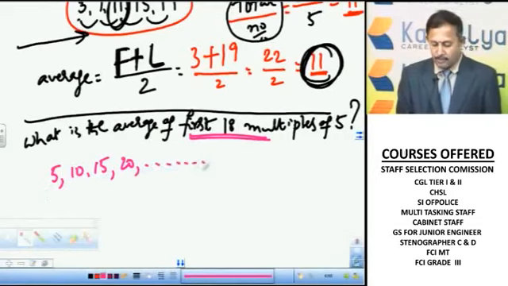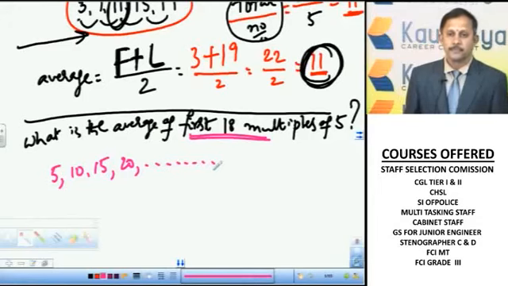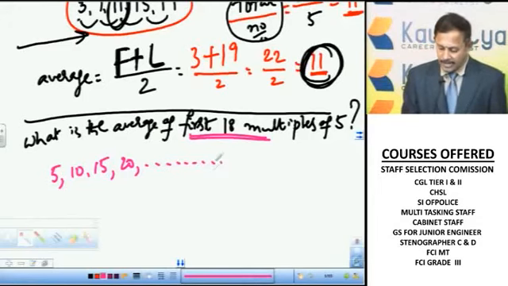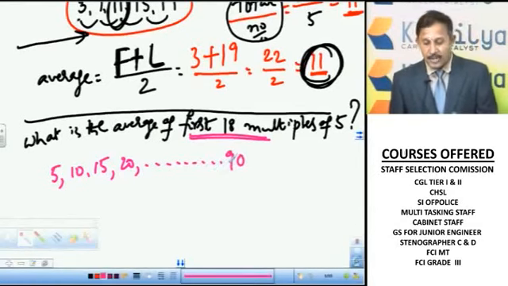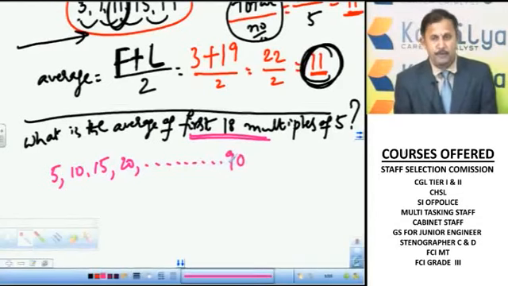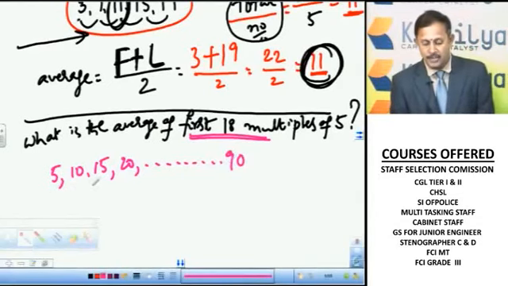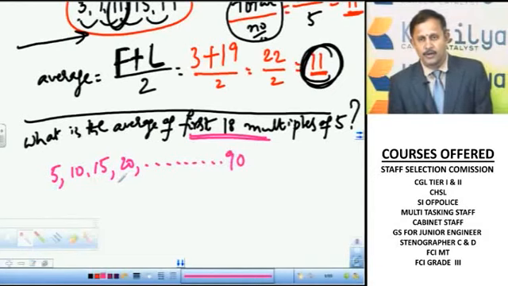Then what will be the 18th element in that series? That is 5 into 18, or simply saying 90. So these are the 18 elements which are the multiples of 5. 5, 10, 15, 20, like that we have to take 18 elements. And of course the 18th element will be 5 into 18.